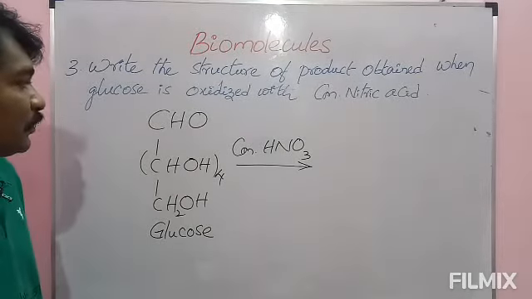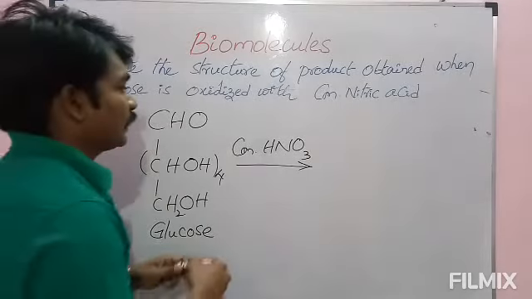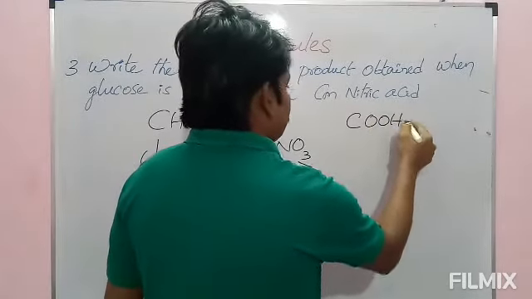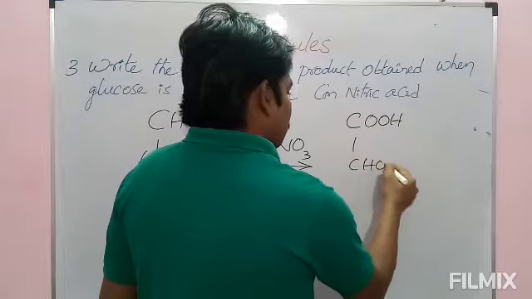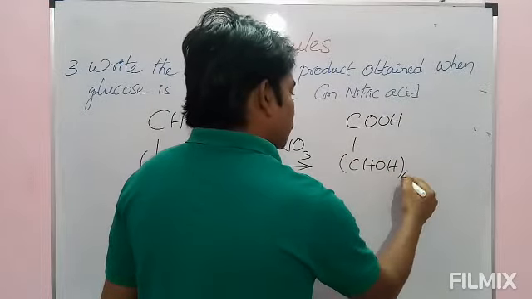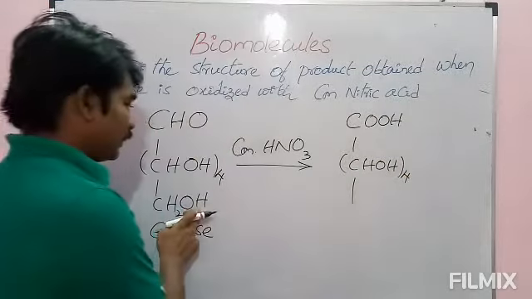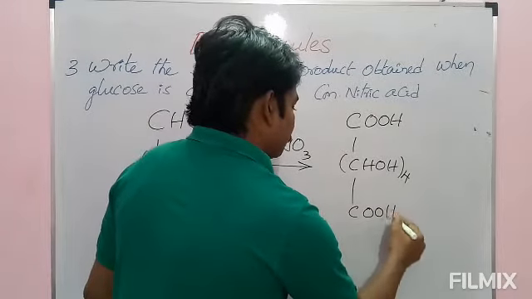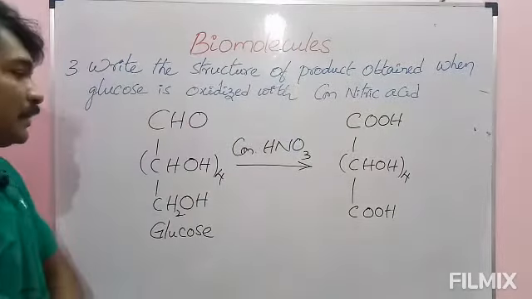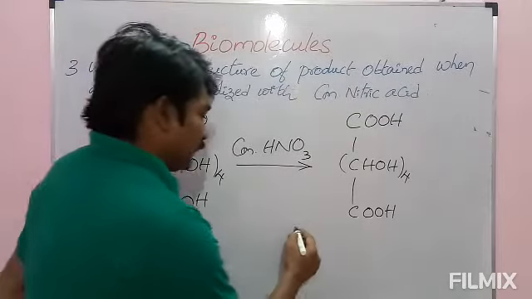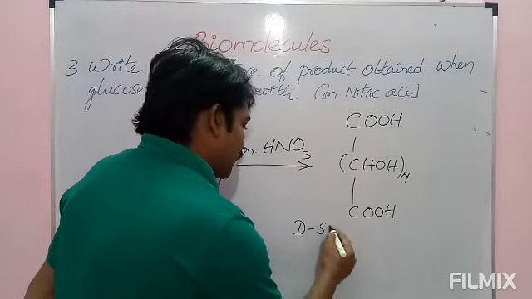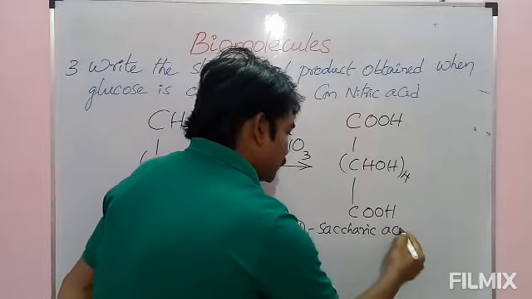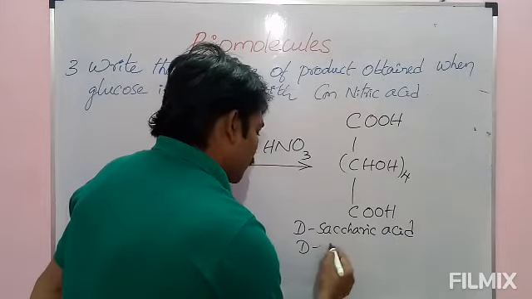As a result we get COOH, CHOH 4 times with no change, and here it will also oxidize to COOH. As a result we get saccharic acid, which is also called D-glucaric acid.